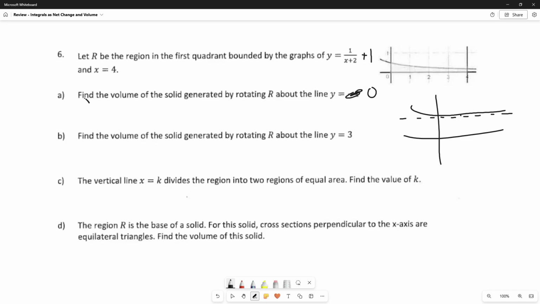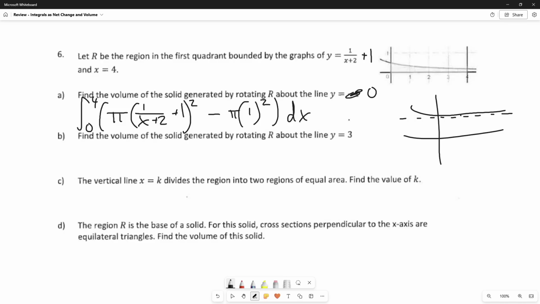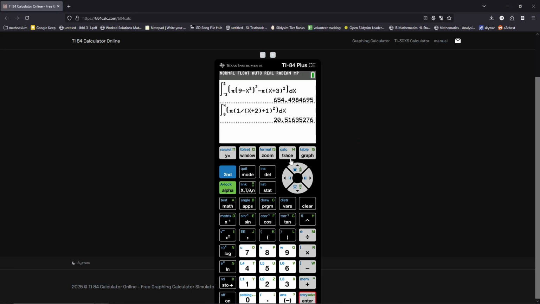So our definite integral is going to be from 0 to 4 of pi times (1 over x plus 2, plus 1) squared, minus pi times 1 squared, dx, and plug this into the calculator.